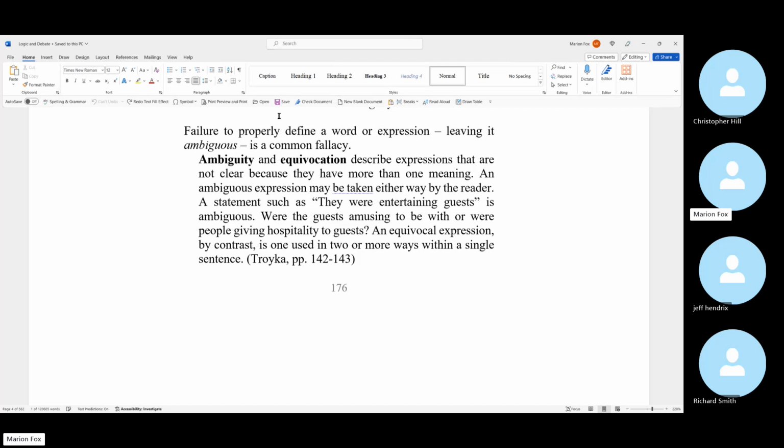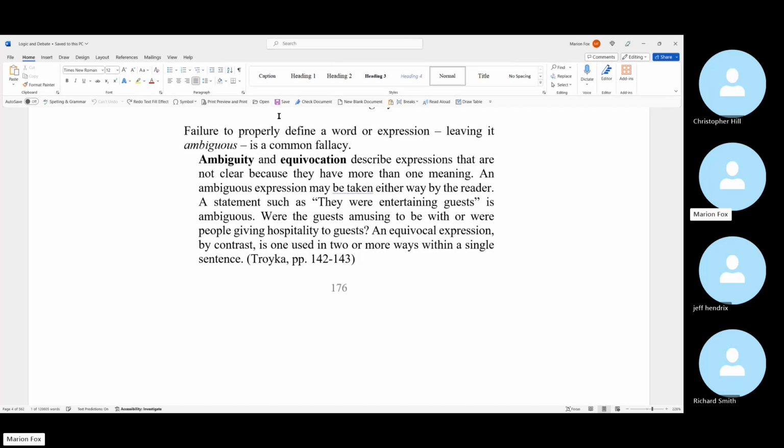An ambiguous expression may be taken either way by the reader. A statement such as "they were entertaining guests" is ambiguous. Why? Because were the guests amusing to be with, or were people giving hospitality to guests? Were they entertaining the guests, or were the guests entertaining them?